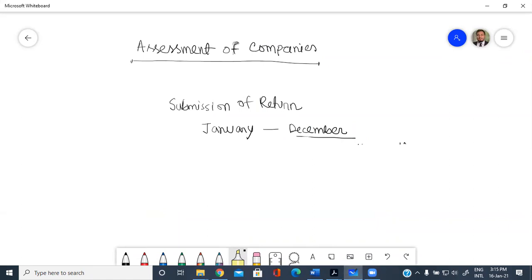Okay, now the next issue is, can you recall the set off and carry forward of losses from the individual perspective? Yes, sir. Okay, so I'm not repeating the purpose of set off and carry forward of losses. It is also applicable for the company SSC. So when companies see that they have loss from a specific income source or a specific business, what can they do?